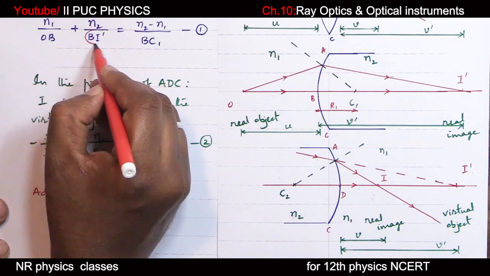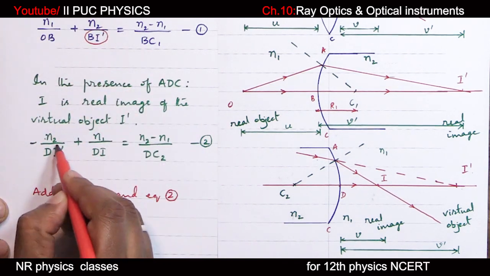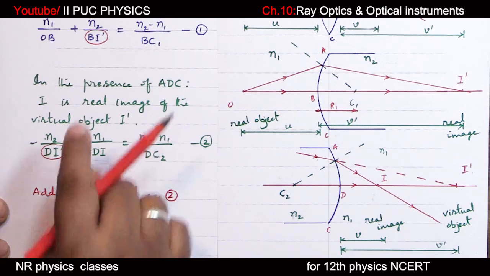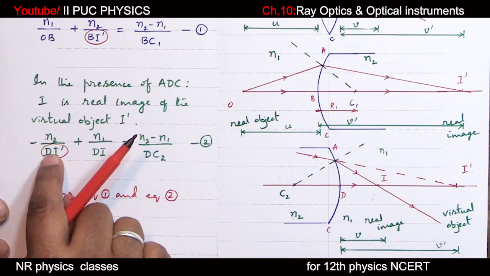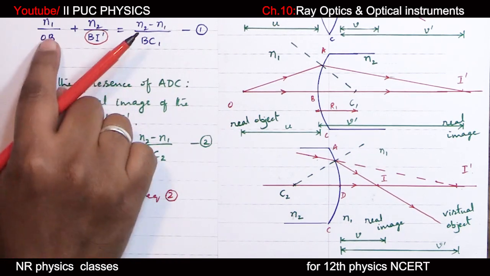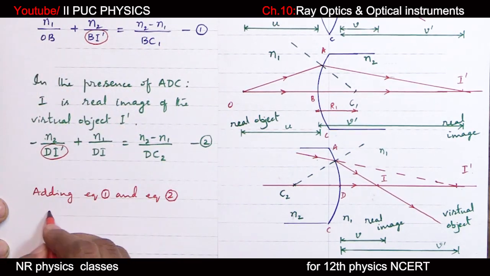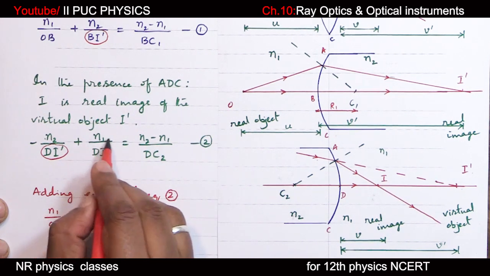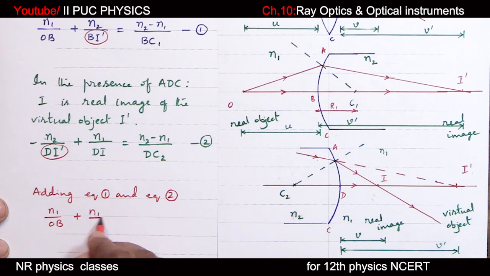So bi dash is approximately equal to di dash. When we add these two equations, this is with plus and this is with minus, so it cancels. We are left with N1 by OB plus N1 by di. Sum of these two.